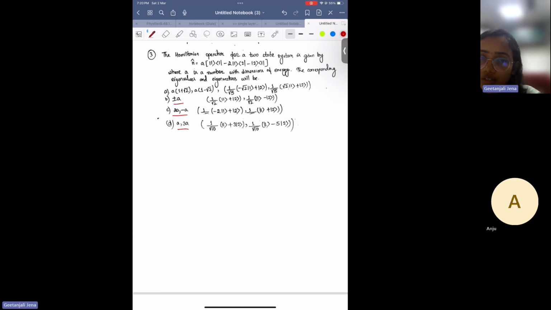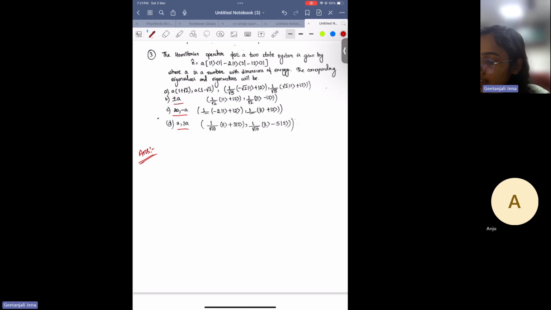That means if you find the eigenvalue, then you can easily know the answer to this question. You don't have to calculate the eigenvector, but if there is a question asking about the eigenvector instead of the eigenvalue, then you have to find the eigenvector of this matrix. So I will solve both eigenvalue and eigenvector so that you can see how to get the eigenvalues as well as eigenvectors for a Hamiltonian like this.